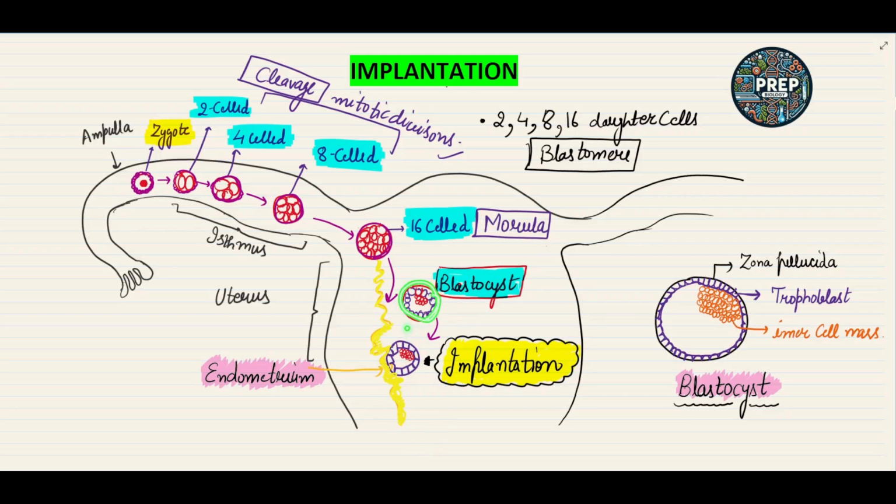The blastocyst embedded in the uterine layer, the endometrium, and that process is called implantation. At the uterus, the blastocyst is embedded in the uterine membrane, and the uterine membrane will divide rapidly and cover the blastocyst. That leads to pregnancy.